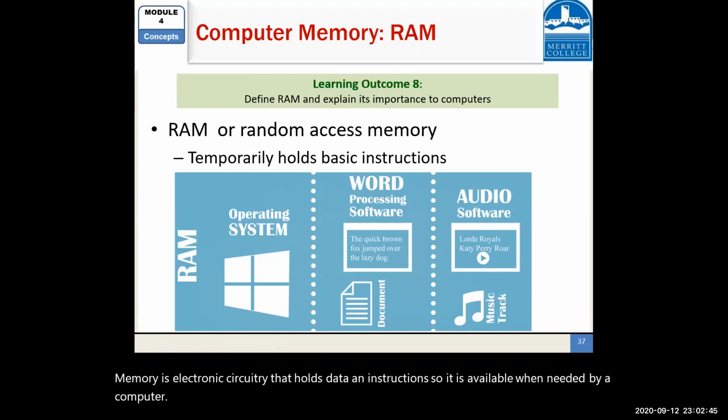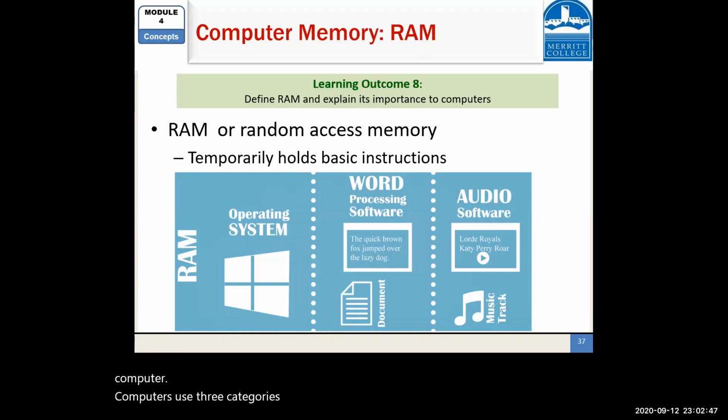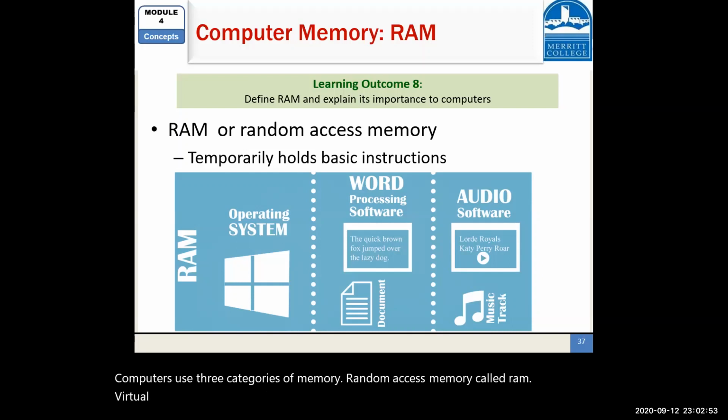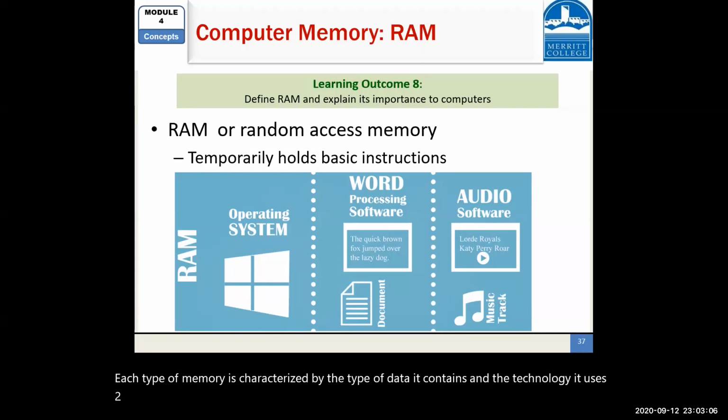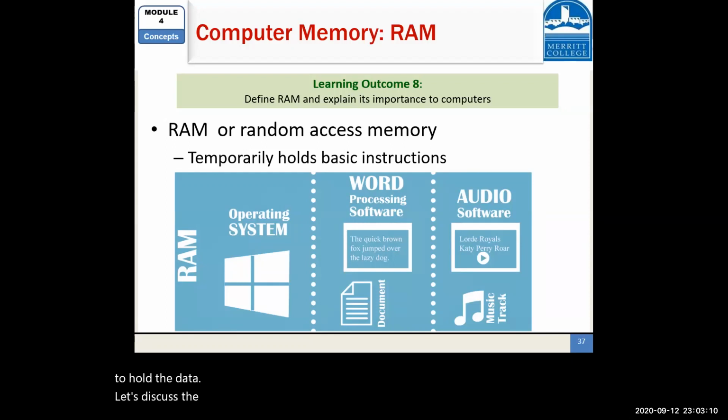Computers use 3 categories of memory: random access memory, called RAM, virtual memory, and read-only memory, called ROM. Each type of memory is characterized by the type of data it contains and the technology it uses to hold the data. Let's discuss random access memory, commonly known as RAM.